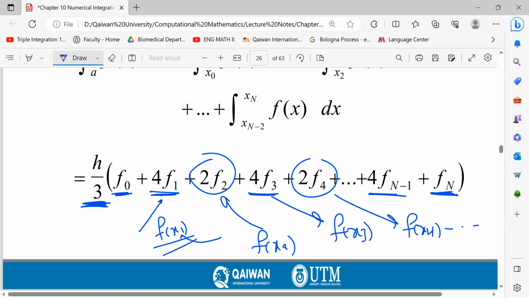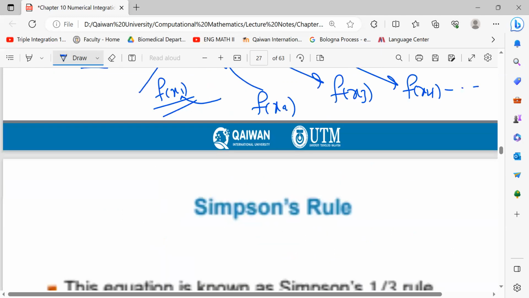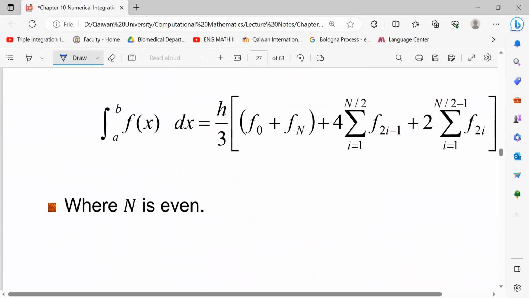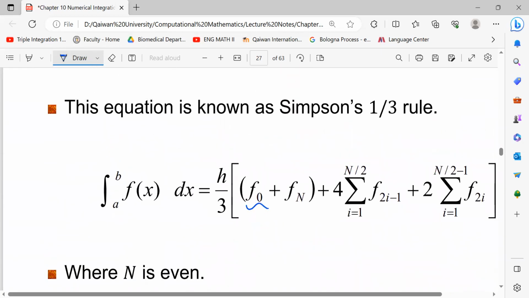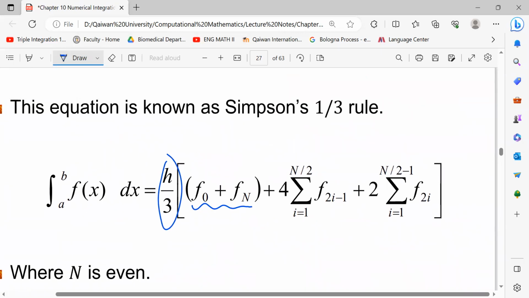We multiply the even ones by 2 and the odd ones by 4. The procedure is the same as the previous methods. Look, f0 plus fn, here we have h over 3, f0 plus fn, 4 times the odd ones and 2 times the even ones.